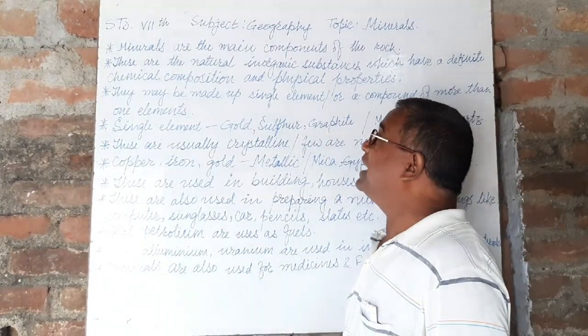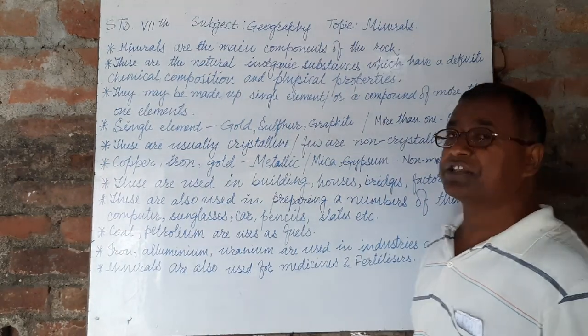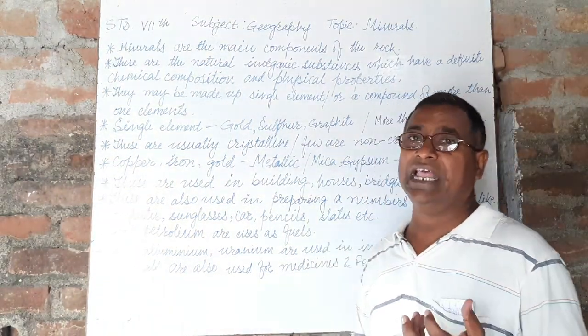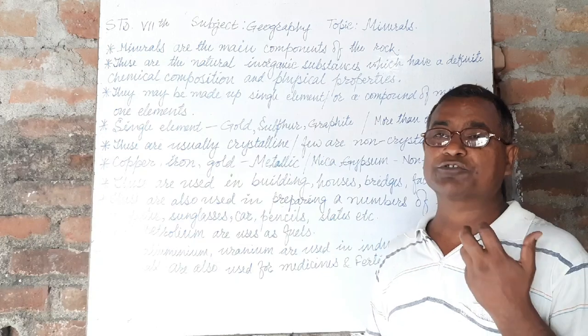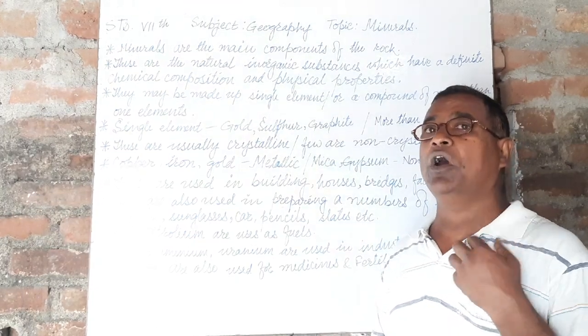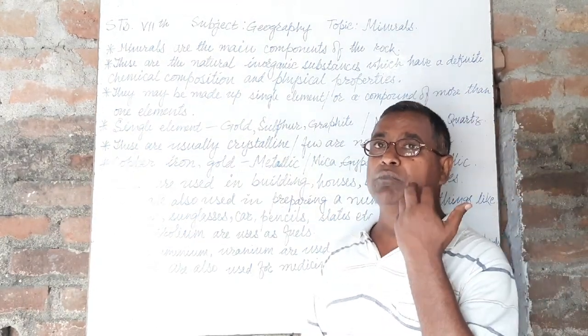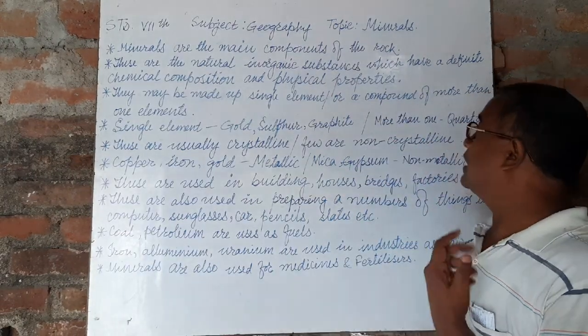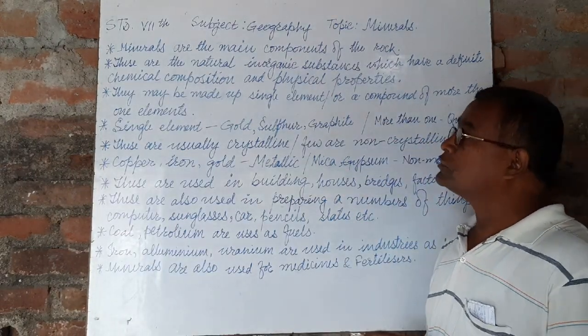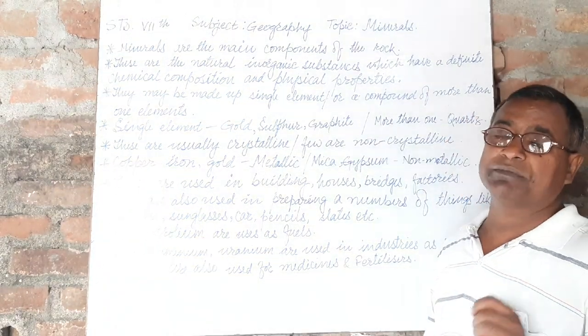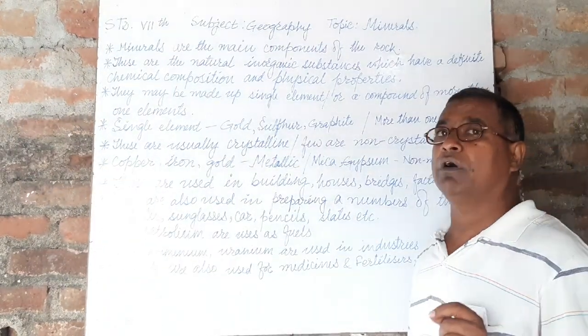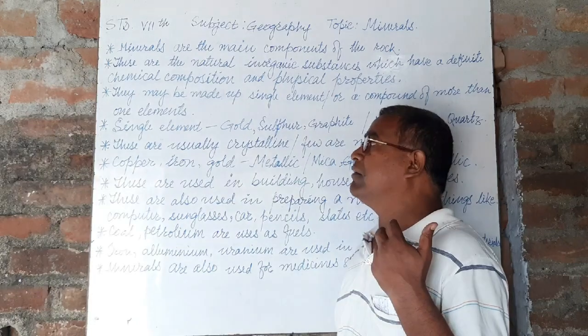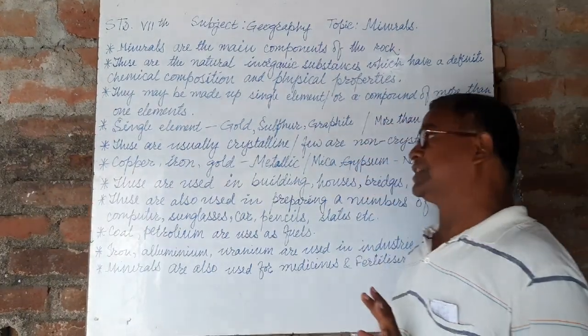They may be made up of a single element, which means minerals may be single elements and may also be formed by two or five or 10 components or elements. So they may be formed by a single element, or by many more elements also.